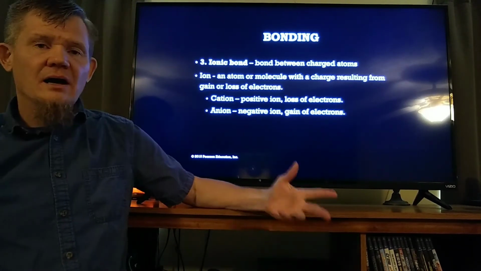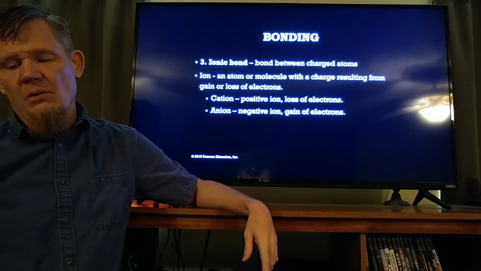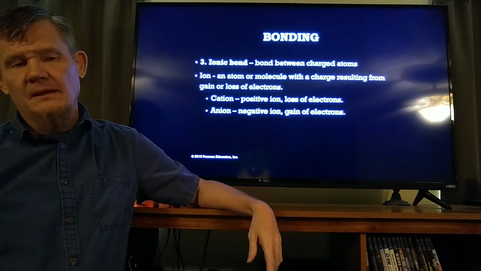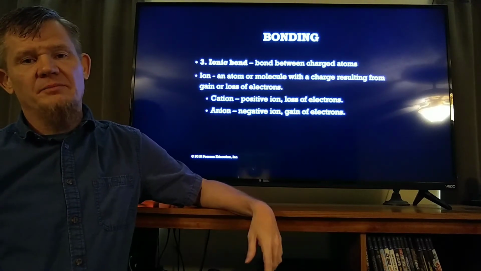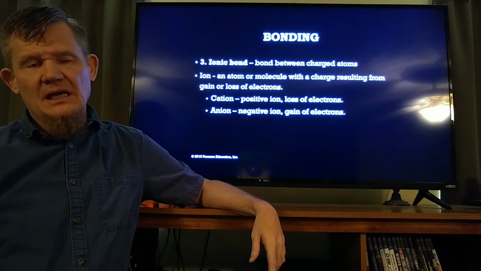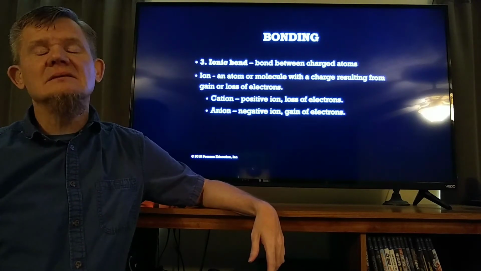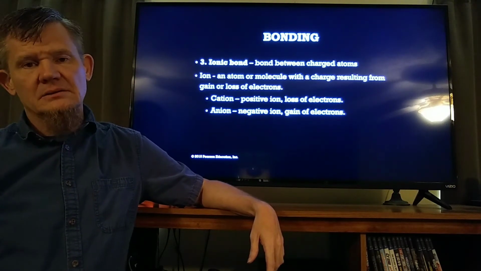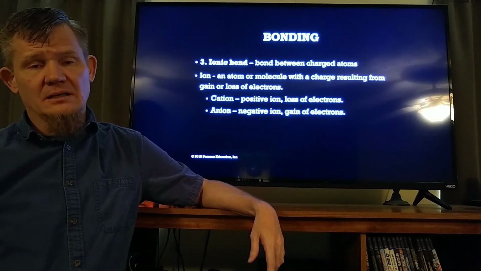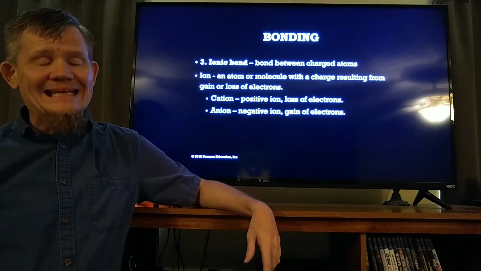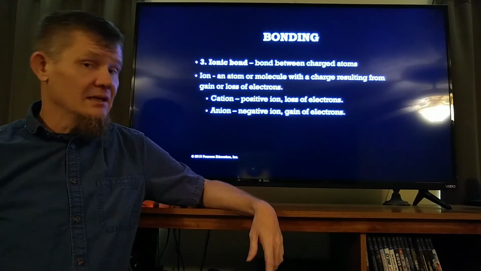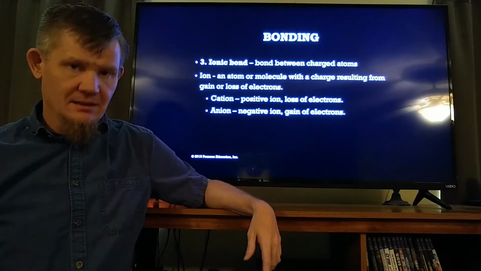So an ion, as I said, is an atom or a molecule that has a charge, meaning it has an unequal number of protons as electrons. If you have lost an electron, you are positive, and you're called a cation. If you have gained an electron, you are negative, and you are therefore called an anion.